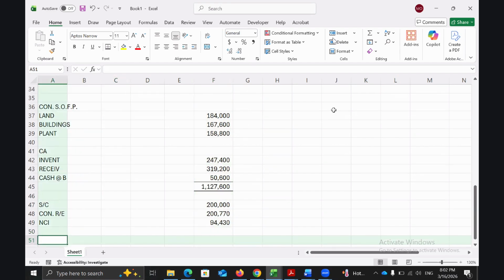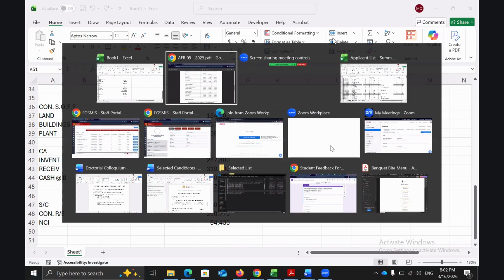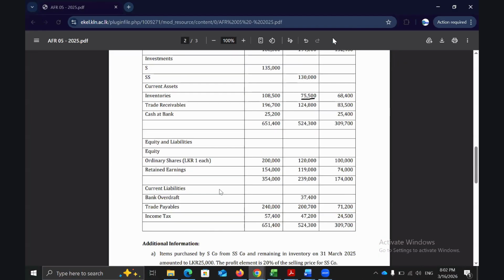Then under the current liabilities, we are having the bank overdraft.